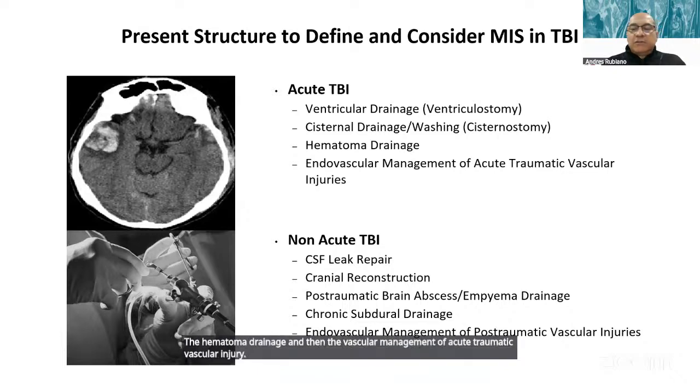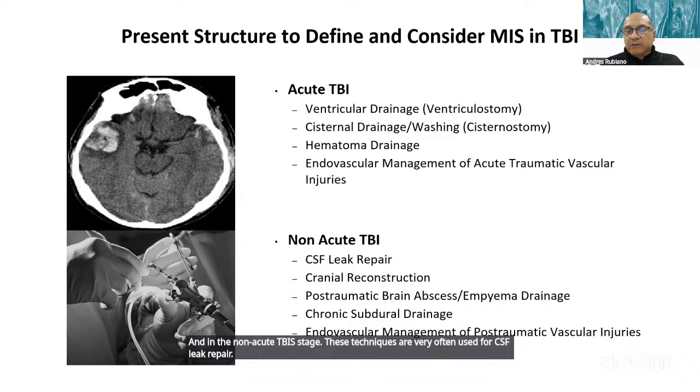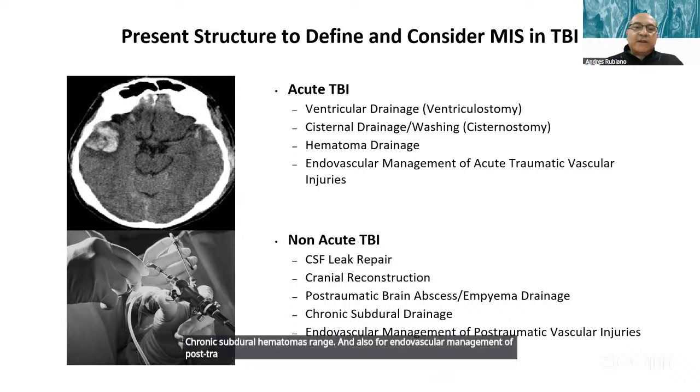And in the non-acute TBI stage, these techniques are very often used for CSF leak repair, cranial reconstruction, post-traumatic brain abscess or brain empyema drainage, chronic subdural hematoma drainage, and also for endovascular management of post-traumatic vascular injuries that are not urgent.